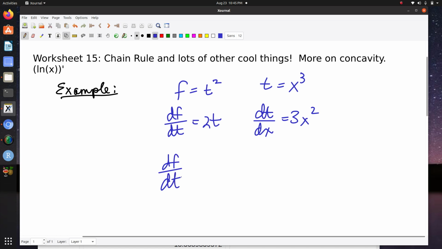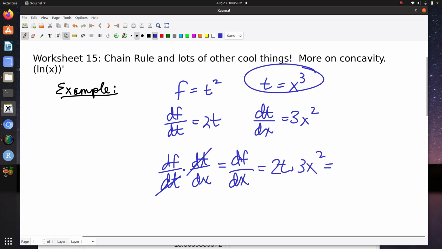Df dt times dt dx, these guys cancel, and I get df dx is 2t times 3x squared, but again, we have to replace t with x cubed. So you get 2x cubed times 3x squared, which is 6x to the 5th, which is what we promised we would get in the first place if we had just composed that in the most logical way possible.